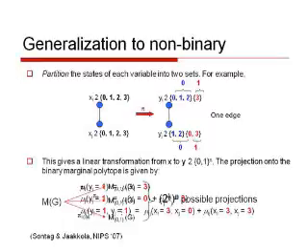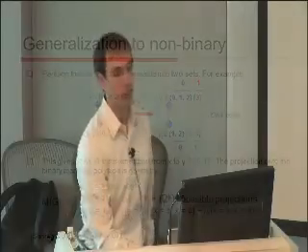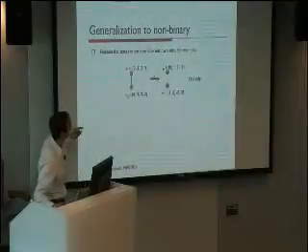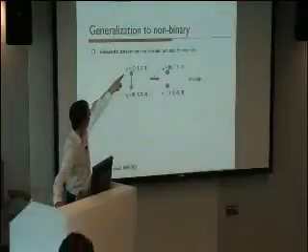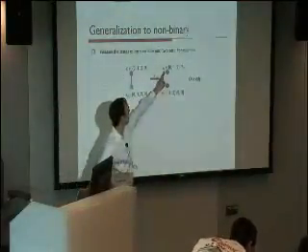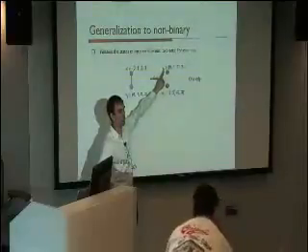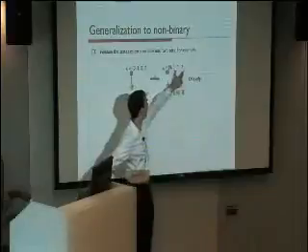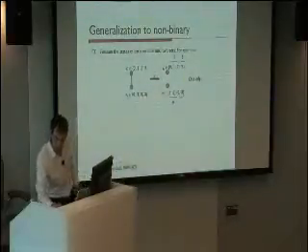So how do we actually do it? What are those projections? The simplest possible projection would be to take your non-binary problem and partition the state spaces so that you turn your non-binary problem into a binary problem. For example, here I'm illustrating where xi is your non-binary problem, yi is your binary problem, and I'm showing you how I'm clustering the states of xi such that yi only involves two different states.